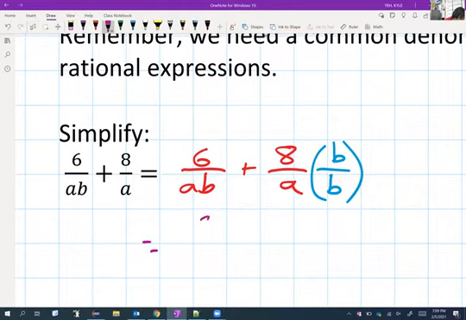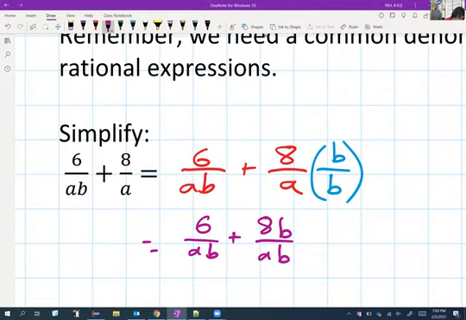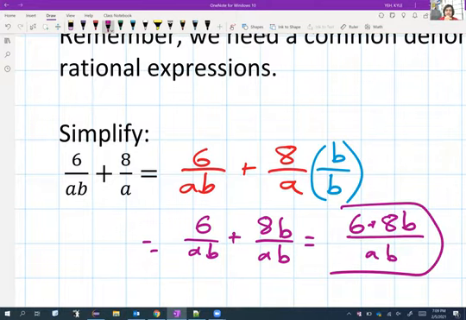So 6 over AB plus 8b over AB, common denominator. Now we can combine the numerators over one denominator. It's going to be 6 plus 8b over AB. Find a common denominator, then you can combine those numerators.